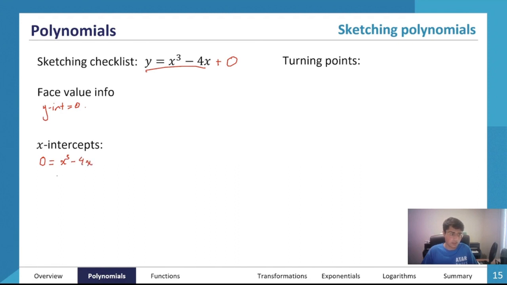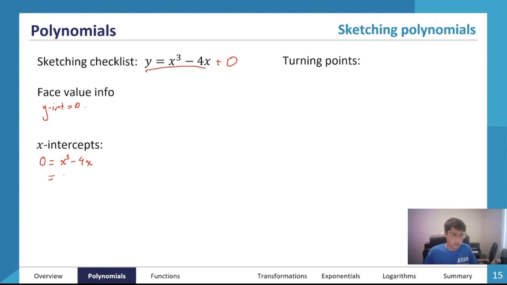And then we need to think about how we can factor it. With a polynomial in expanded form, remember with cubics we have to convert it to factorized form and then apply the null factor theorem. So that's what we're going to do here.